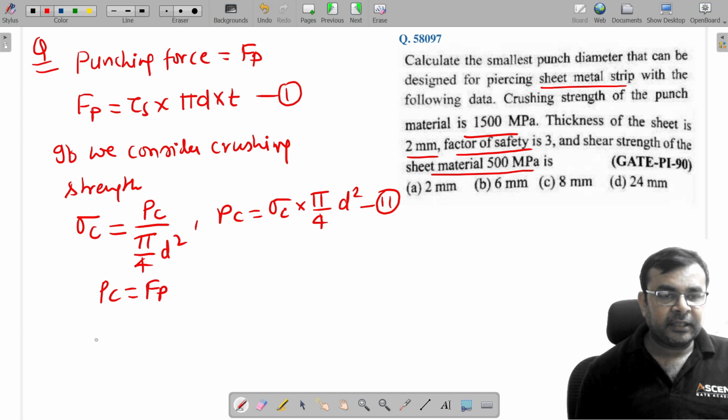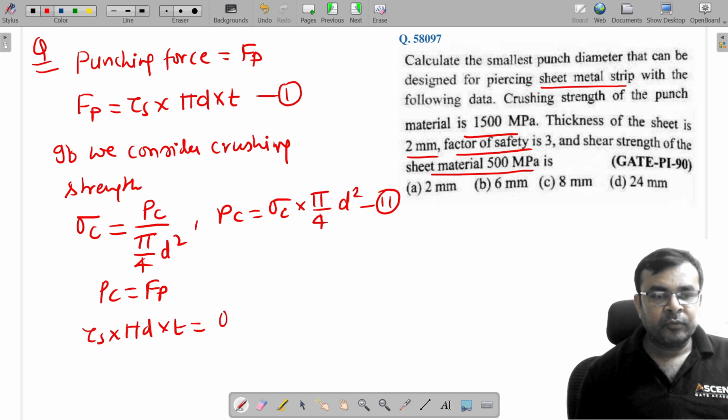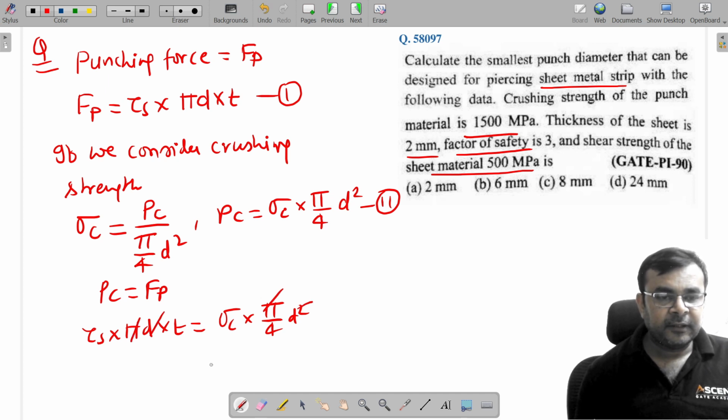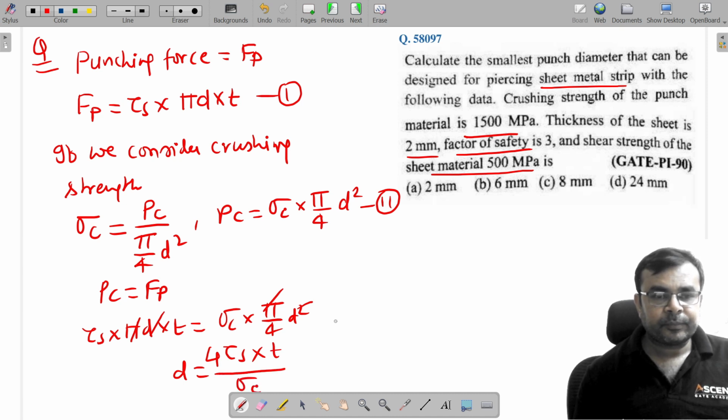So from this we can write tau s into pi d into t is equal to sigma c into pi by 4 d square. Is it right? So from this if I calculate, this pi is cancelled out with this pi, d is also cancelled out with this d. So d is nothing but it can be written as 4 tau s into t over sigma c.